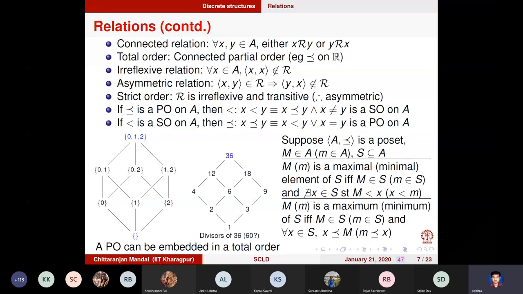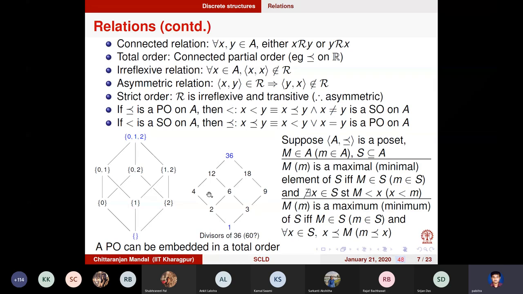If in a set there is a single maximal element and a single minimal element, they are called the greatest element and the least element. For example, if I consider the entire poset, you see there is only one maximal element and only one minimal element.